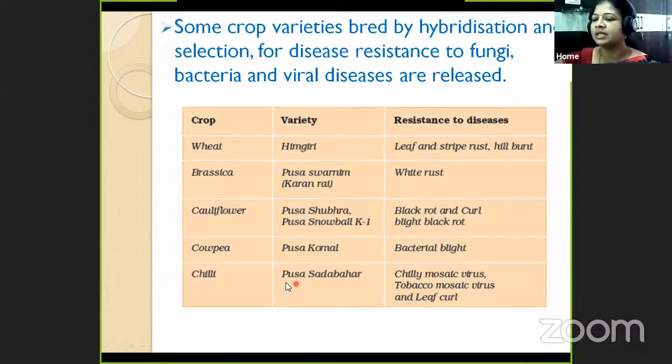Once again, I repeat the new variety name, that is Pusa sadabahar. This new chili variety has resistance against chili mosaic virus. Some tobacco varieties were also developed, having resistance against tobacco mosaic viral disease and leaf curl disease caused by some fungal members.